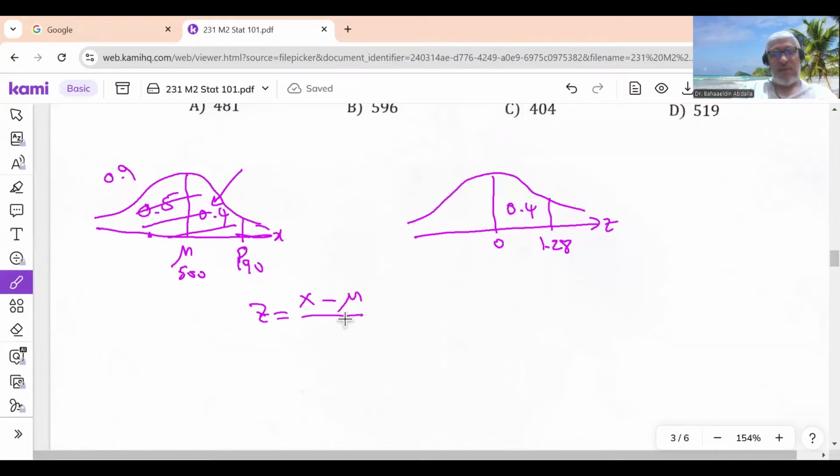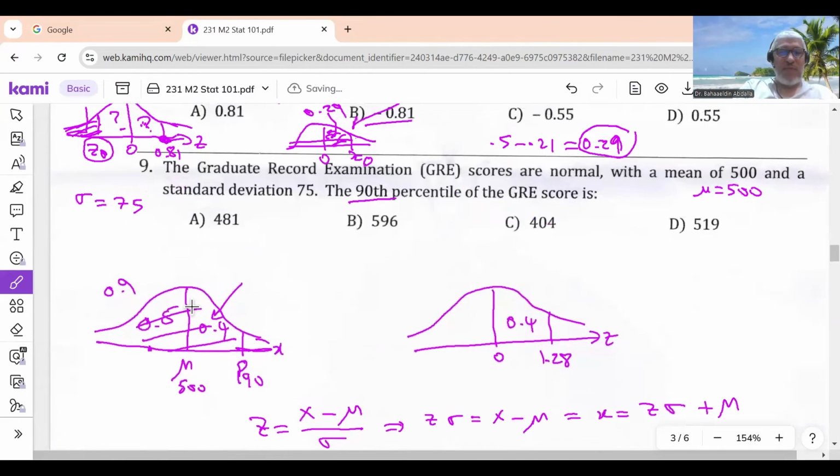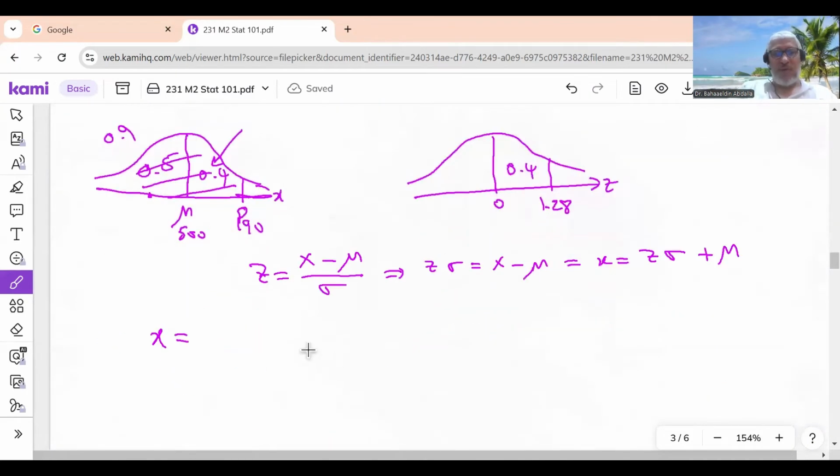Z is X minus mu over sigma. So Z times sigma would be X minus mu. And if you solve it for X, take mu to the other side: X is Z times sigma plus mu. So I need to find X. I have sigma, Z, and mu. Sigma is 75.